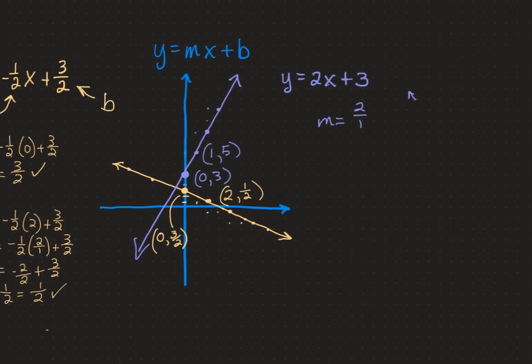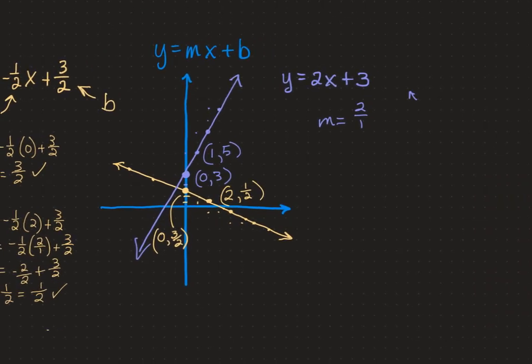Let's work with the other equation now. So we're going to put 0, 3 in first, okay? 3 is the y value. That equals 2 times the x value of 0 for this point, 0, 3. And finishing the equation, plus 3. So 3 equals 3.